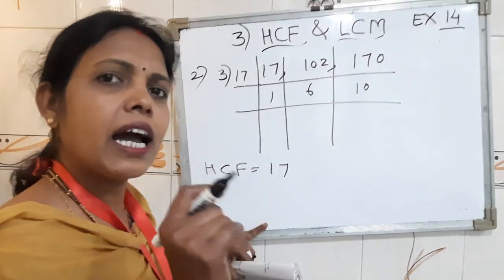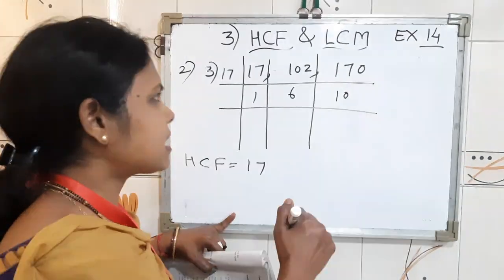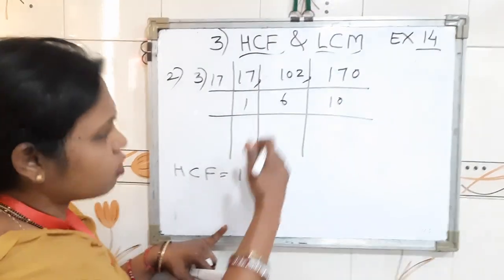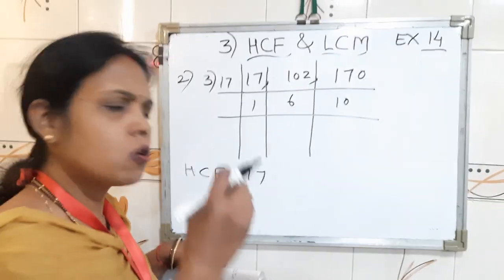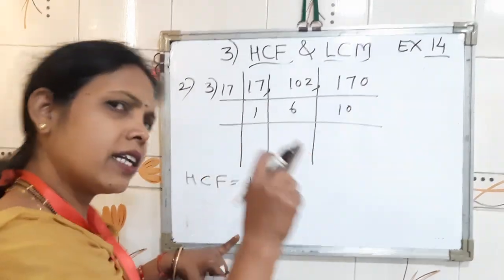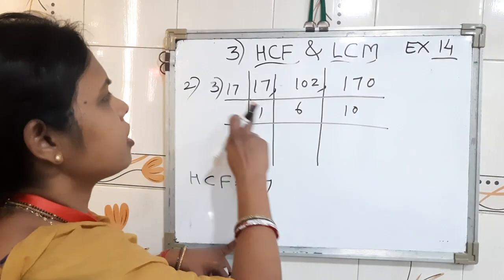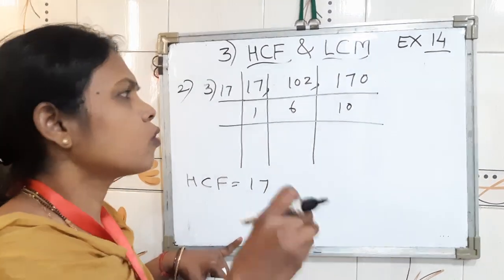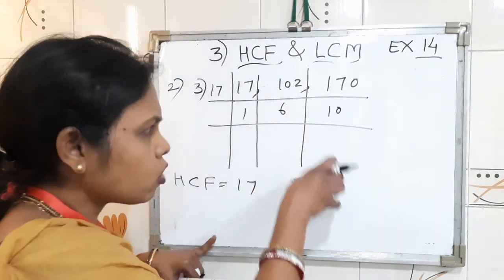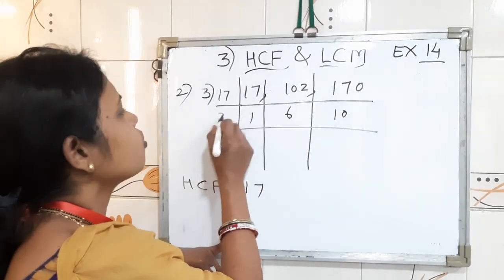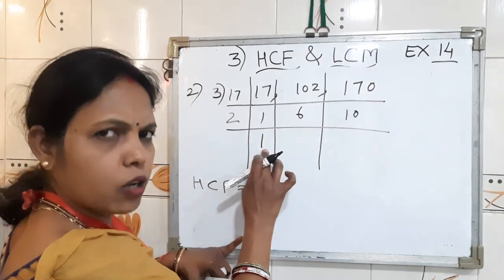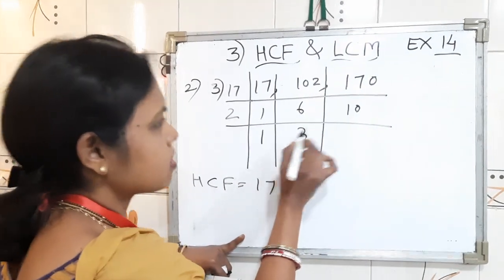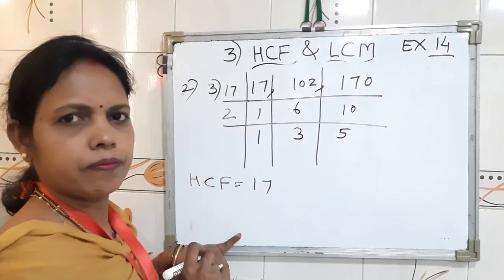Now, for LCM, we will find out more, or if you want to stop here, you can stop here and multiply 17 into 6 into 10. If you don't want to stop and you want to continue, then 2, here 1 remains, 2 3s are 6, 2 5s are 10.